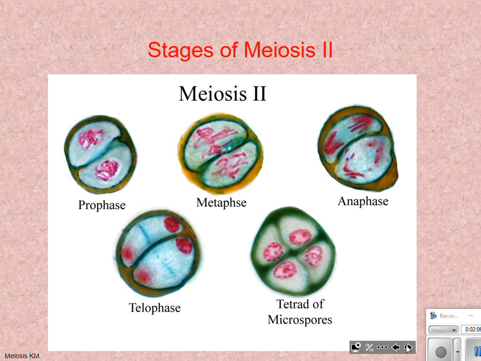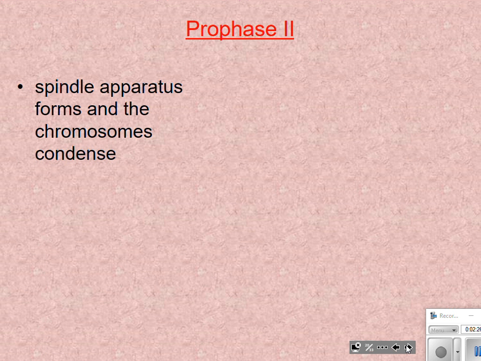Just like in meiosis 1, we had prophase 1, metaphase 1, anaphase 1, telophase 1, we're going to do the same with meiosis 2. So, what do you think the first stage is going to be? Prophase 2. So, here we go.